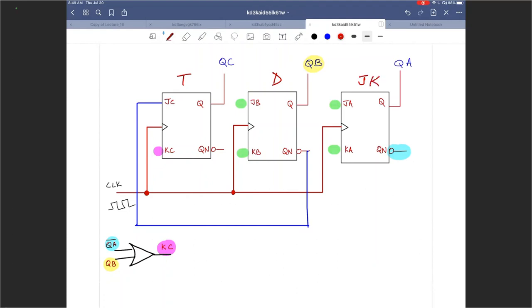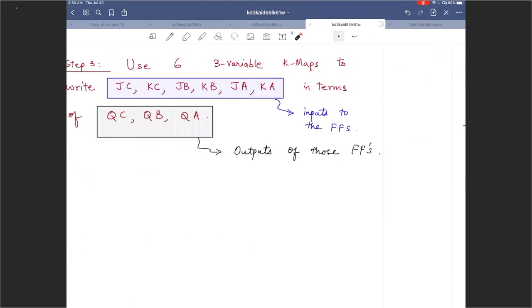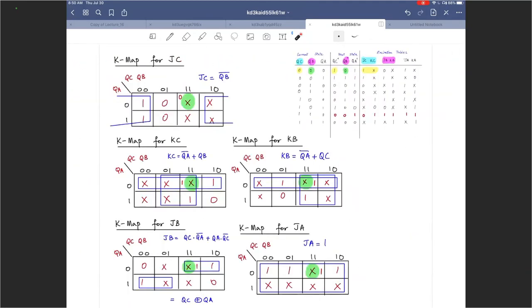Is that possible? Well, we can take advantage of certain types of flip-flops, right? For example, if you had a D flip-flop, the characteristic equation for D is what? Q plus equals D. So, making up the tables here will become very fast.